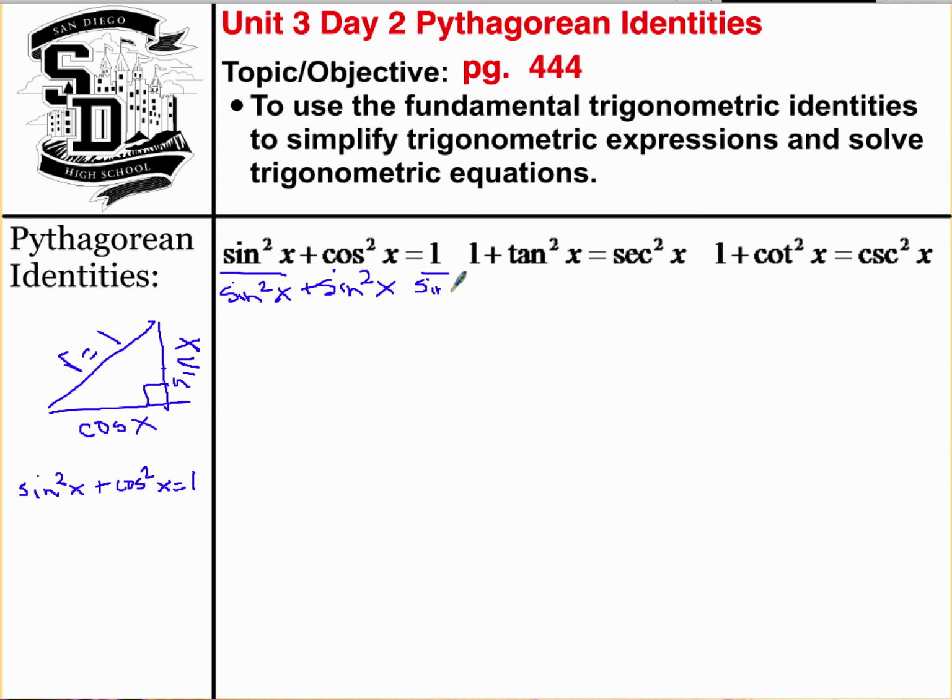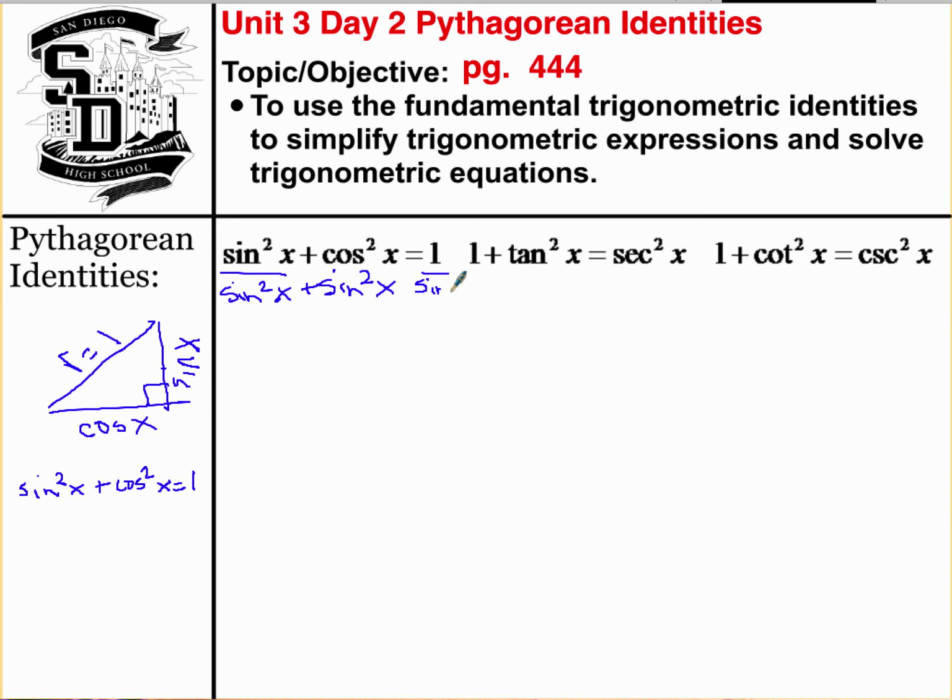So 1 could be a whole lot of things. Sine squared plus cosine squared, 1 could be secant squared minus tangent squared, or 1 could even be cosecant squared minus cotangent squared. These are all substitutions that I could make if I wanted to simplify a trig expression that uses a Pythagorean identity.